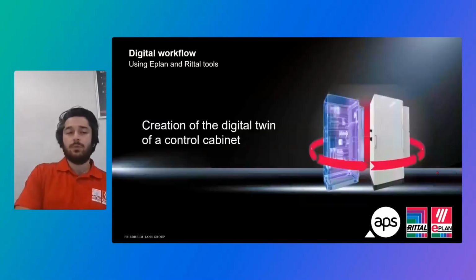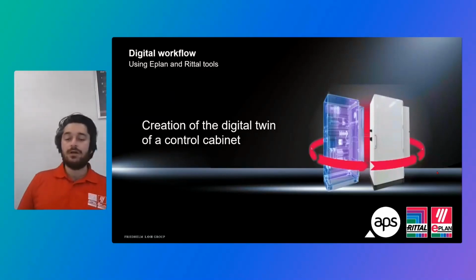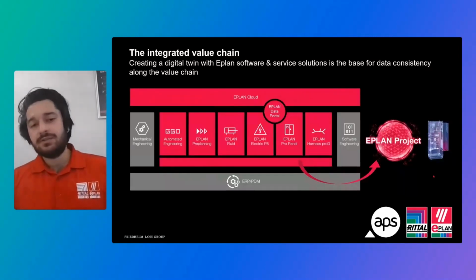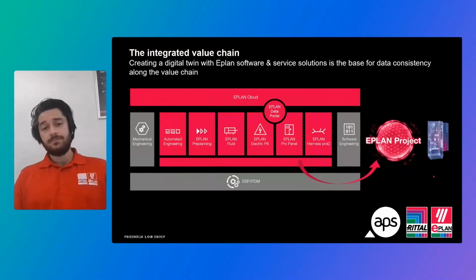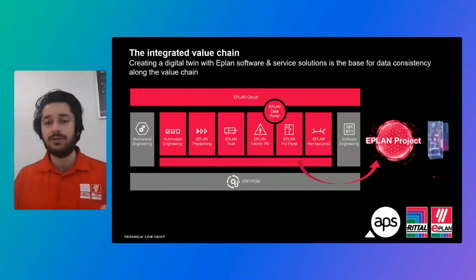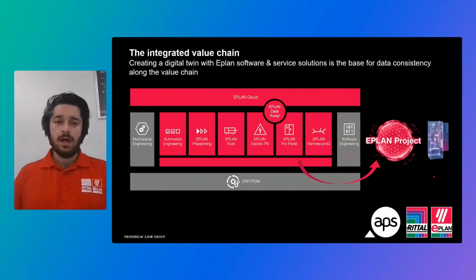So let's start with the digital workflow, creating a digital twin of a control cabinet. As an example, we'll just take a control cabinet. Looking at this from the point of view of Eplan first, Eplan has a huge portfolio with solutions for all of your requirements and all industries.